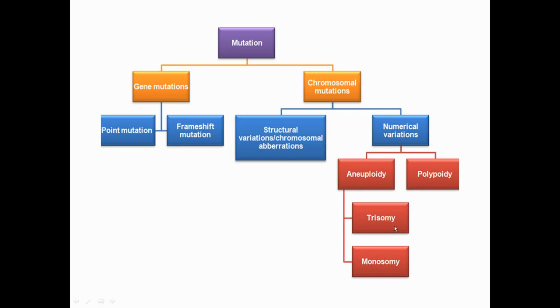This situation is referred to as trisomy, and monosomy when one chromosome is absent in a homologous pair of chromosomes. When the whole set of chromosomes is present in multiple numbers, it is referred to as polyploidy. This situation is not possible in mammals or animals. This is only present in plants. So polyploidy is an exclusive feature of plants.